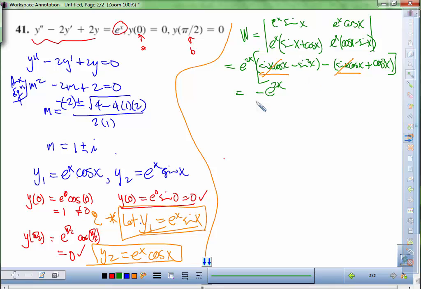So this is our Wronskian. The negative came from this negative sign right here, which was... so let's write Green's function in green.